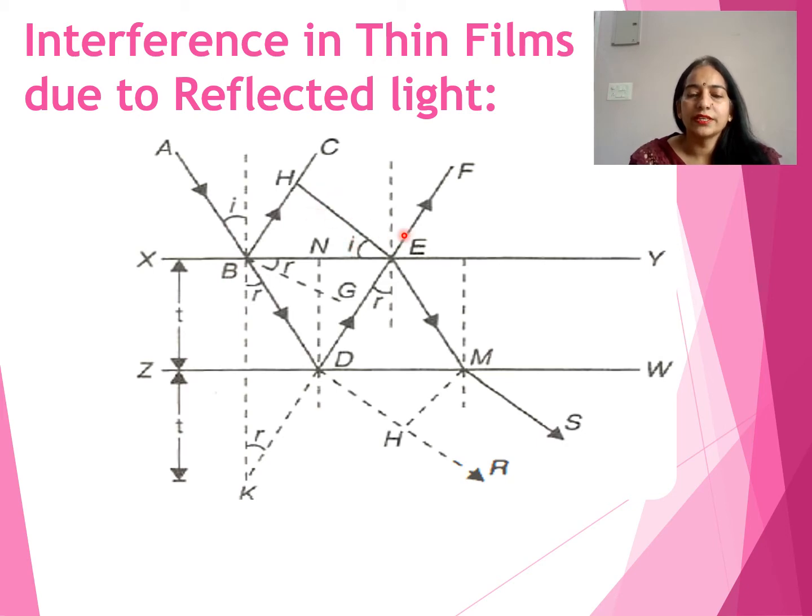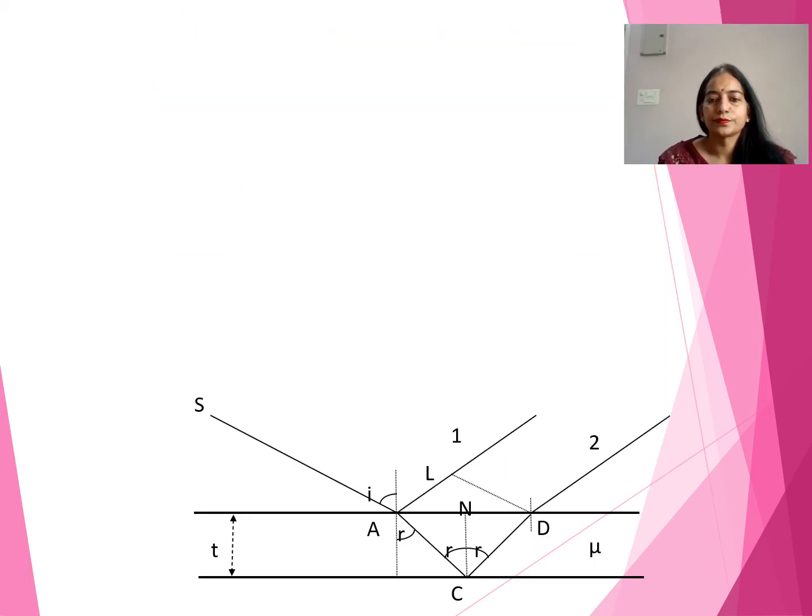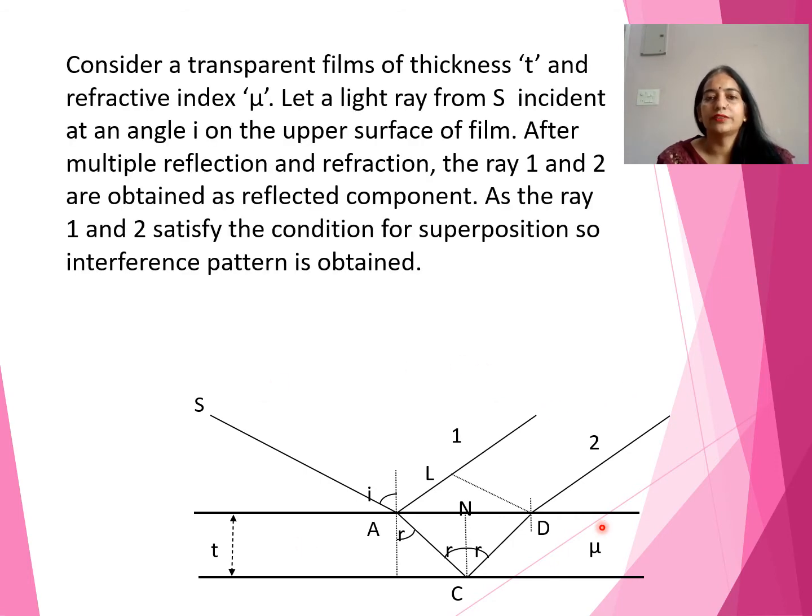In the first case we discuss the reflected components, and in the second case we will discuss the transmitted components. So this is the diagram which we draw for reflected components, or for interference in thin film due to reflected light.